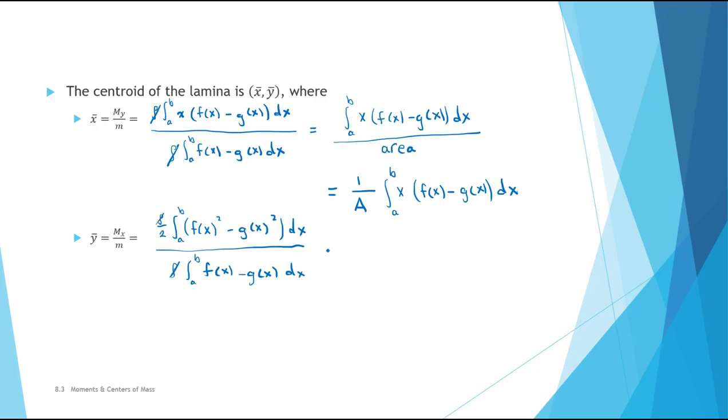The rho's cancel, and so we end up with 1 divided by 2 times the area. So the 2 is this one, and the area is this integral in the denominator, multiplied by the integral from a to b of f of x quantity squared minus g of x quantity squared, integrated with respect to x.